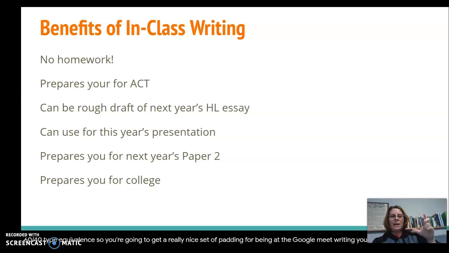And then you'll have just one segment that will be graded based on the rubric. And that will enable me to be honest on the rubric, but then still maintain a really generous sort of grade curve for you. And I will go over that rubric with you as well.